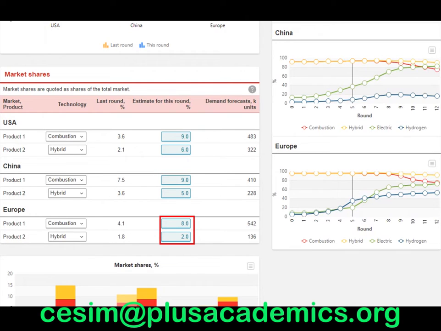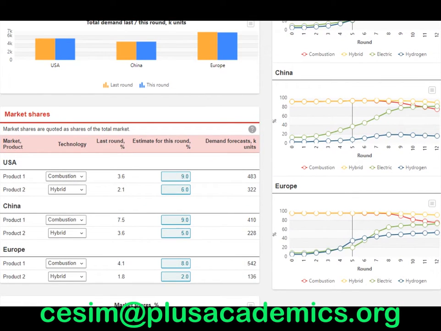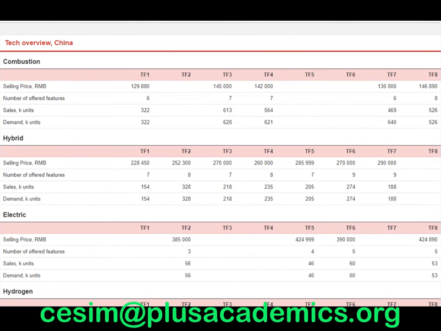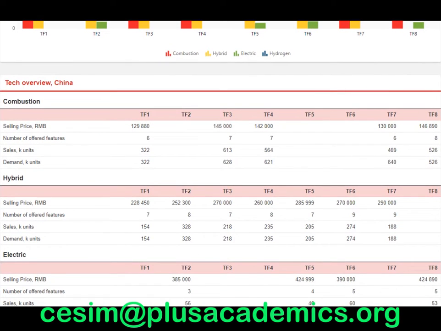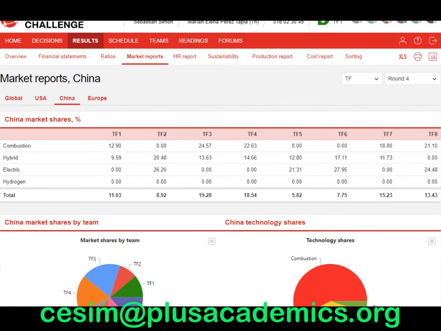In Europe, we are estimating an 8% increase and 2% for hybrid cars. So these numbers were not just guesswork. We based our assumption of the demand increase on what we have seen here in the marketing report.